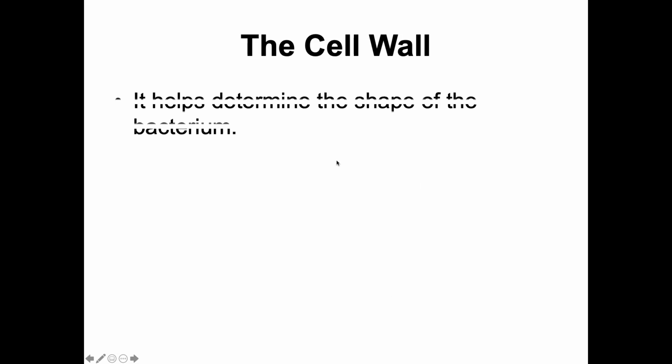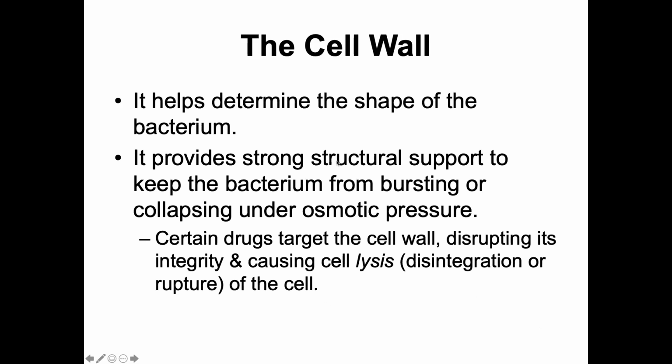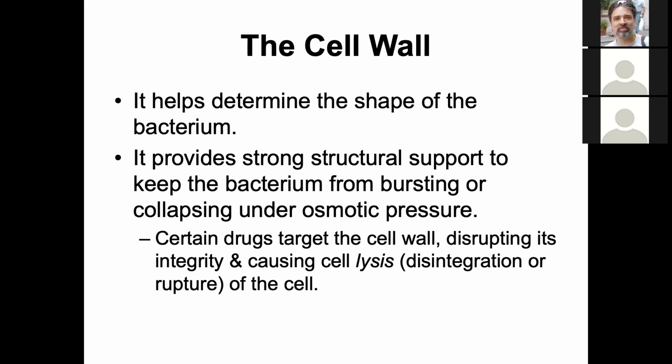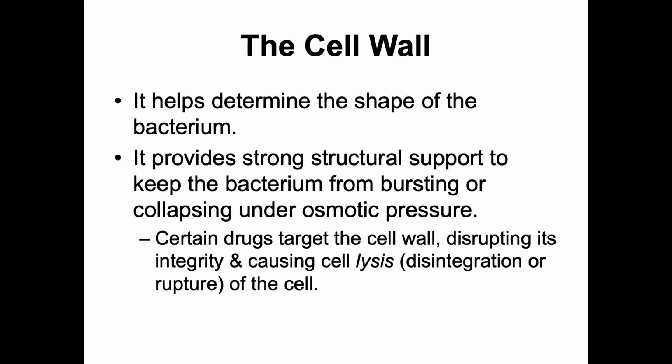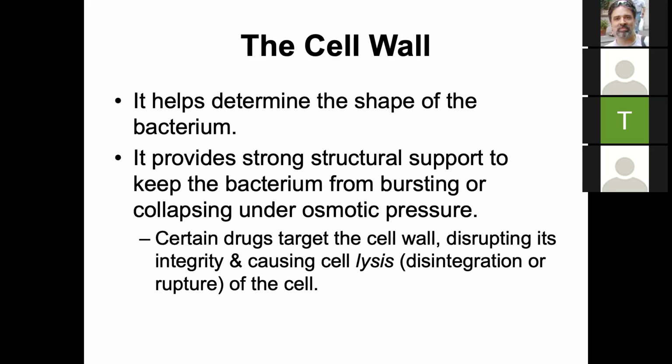Okay, so before the big break, we had begun discussing the cell wall and how it's different in different types of bacteria. The cell wall helps with the shape of the bacteria, and it gives it strong structural support to keep the bacteria from bursting or collapsing under osmotic pressure.